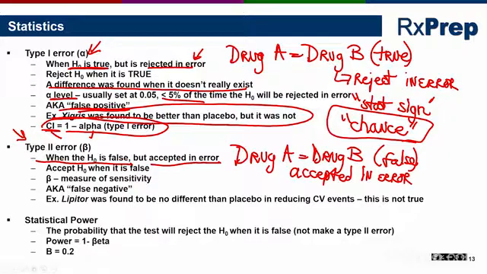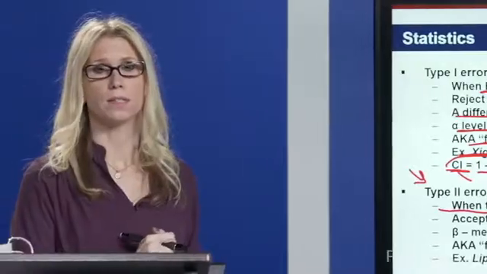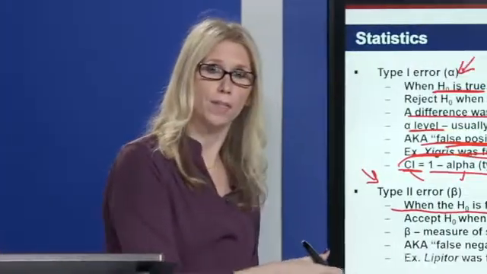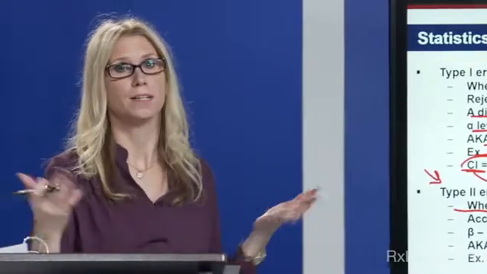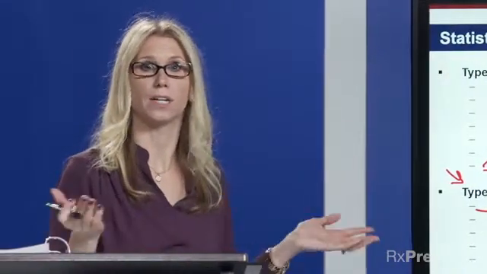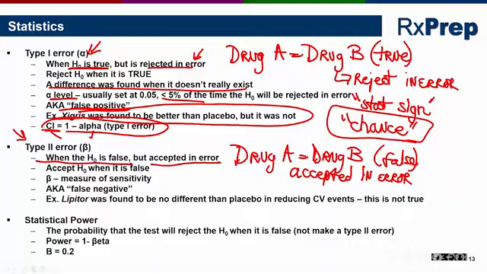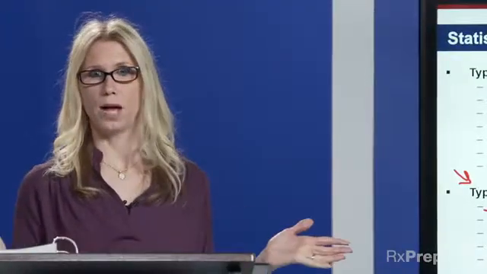So when do you accept the null hypothesis? You accept the null hypothesis only when you don't have statistically significant results. So you would accept the null hypothesis because you did not reach statistical significance in that trial. Okay, and oftentimes we may not reach statistical significance in a trial because of what?